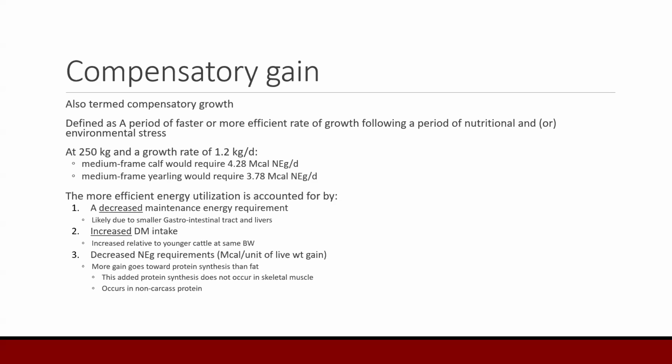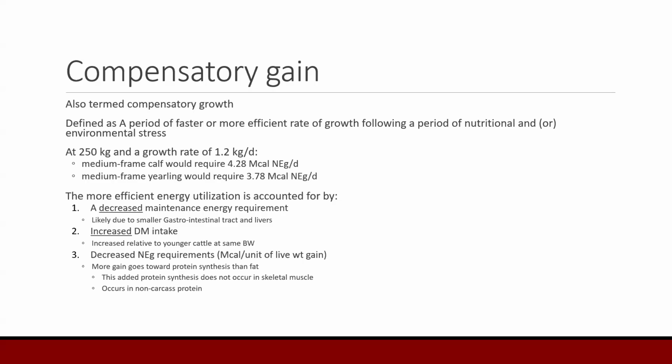Two, they could have increased dry matter intake relative to younger cattle at the same body weight. An older animal will always eat more than a younger animal at the same body weight. Three, they'll have a decreased NEG requirement.